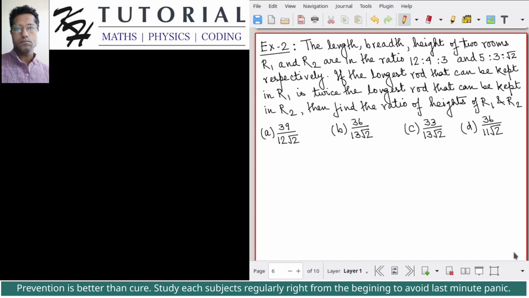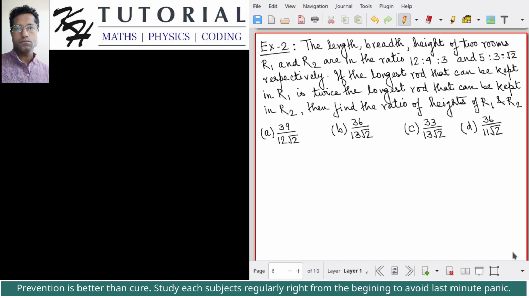It is also given that the length of the longest rod that can be kept in R1, which is basically the length of the diagonal of room R1, is twice the length of the longest rod that can be kept in R2. That is, the diagonal of R1 is equal to twice the diagonal of R2. Then we are asked to find the ratio of the heights of R1 and R2.